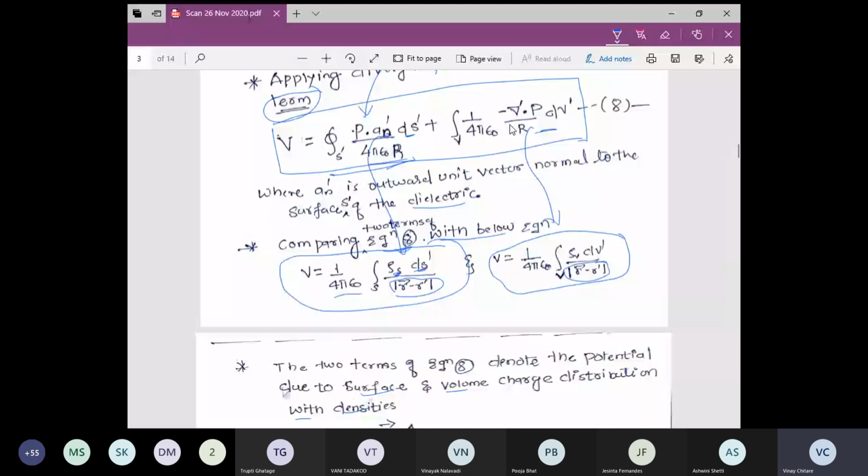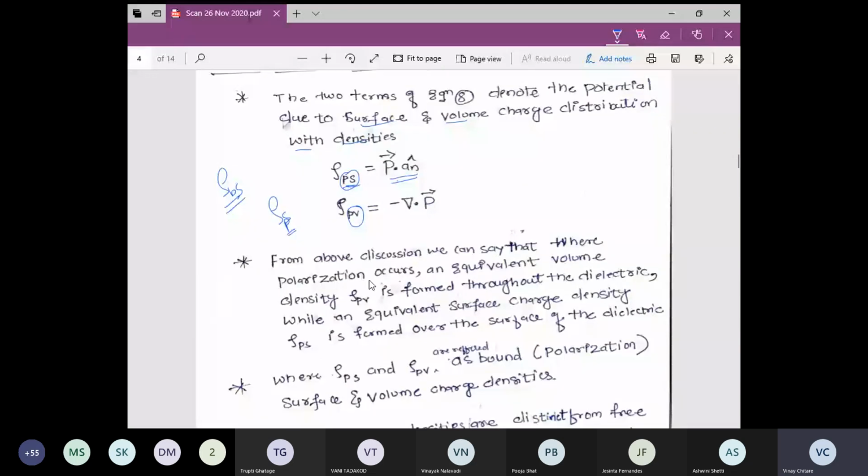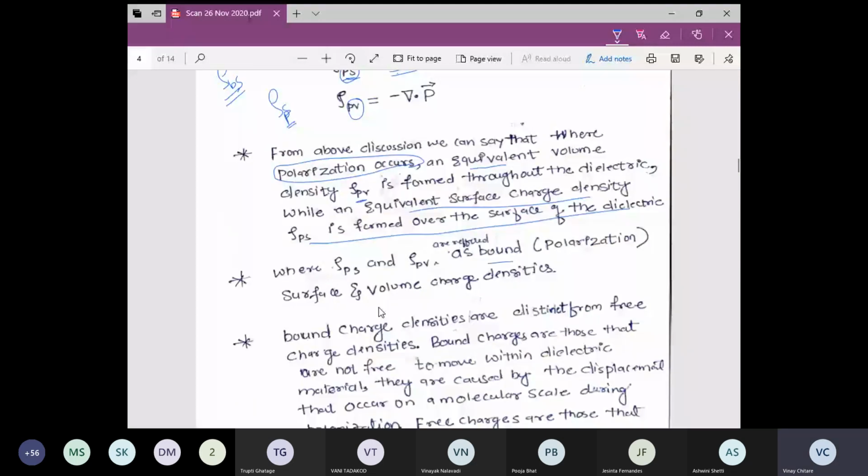Now why is this bound? From our discussion we can say that where polarization occurs, inside a polarized dielectric material an equivalent volume charge density rho_pv is formed throughout the dielectric, while an equivalent surface charge density is formed over the surface of the dielectric, where rho_ps and rho_pv are referred to as bound or polarization surface and volume charge densities.